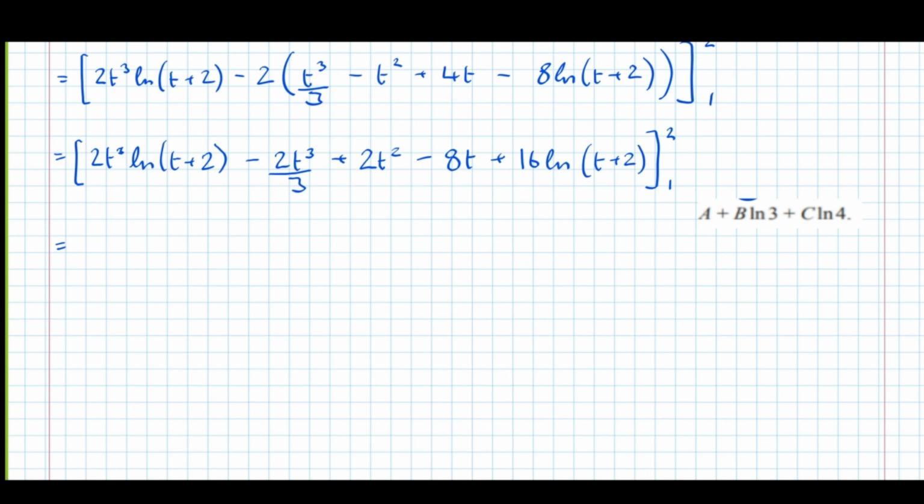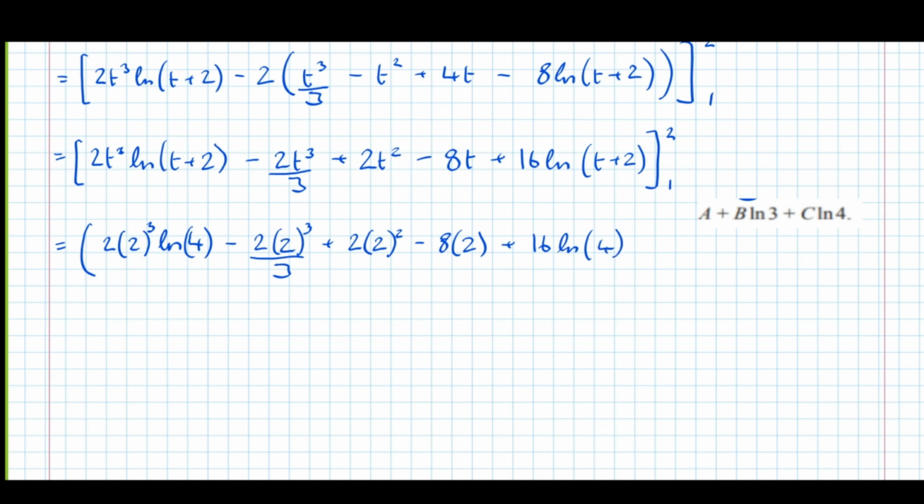Equals, and as I said, as good practice, let's just put the numbers in for now. 2 lots of 2 cubed, log of 2 plus 2, which is 4, take away 2 lots of 2 cubed over 3 plus 2 lots of 2 squared minus 8 lots of 2 plus 16 log of 2 plus 2, which is 4, minus 2 lots of 1 cubed.